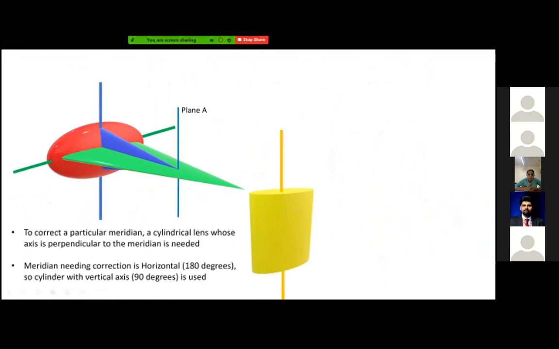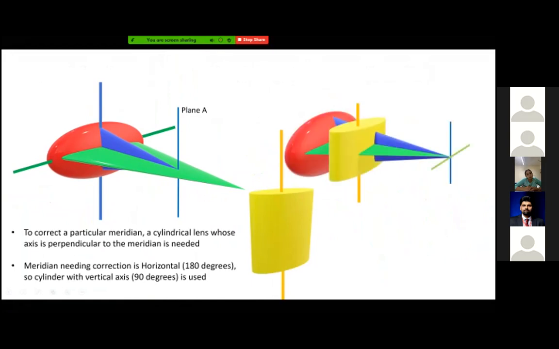So you can see that the axis needed to correct a particular meridian is always opposite to that meridian. This is something that has to be remembered: the axis of a cylindrical lens that you put from the trial set, the axis that is marked, always has to be placed perpendicular to the meridian we are correcting.